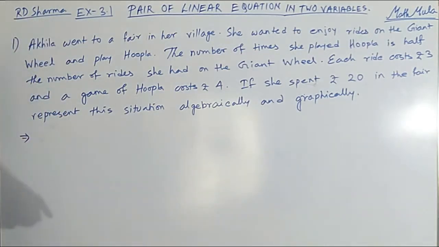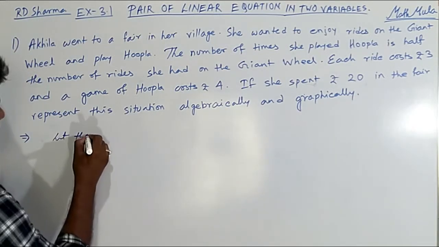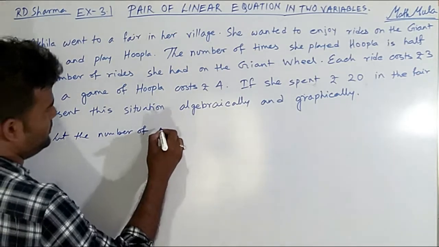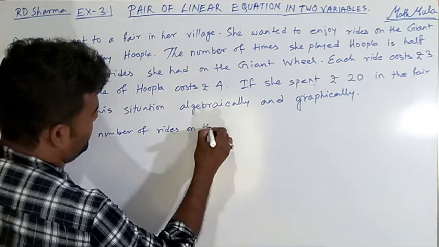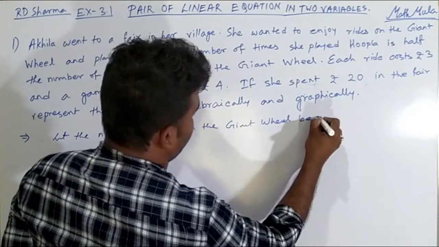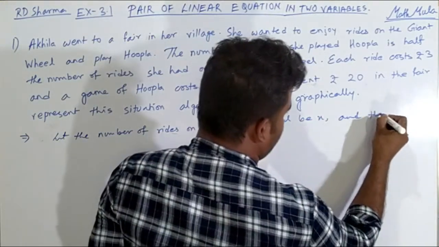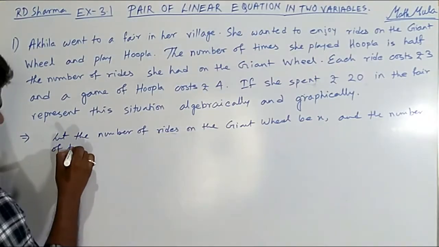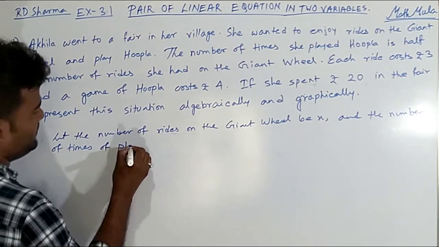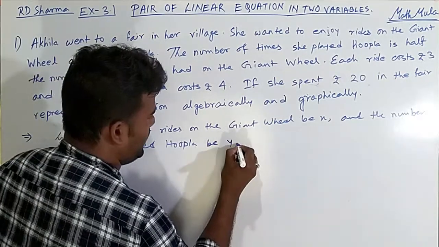Okay. So first we let the number of rides on the giant wheel be x and the number of times she played hoopla be y.